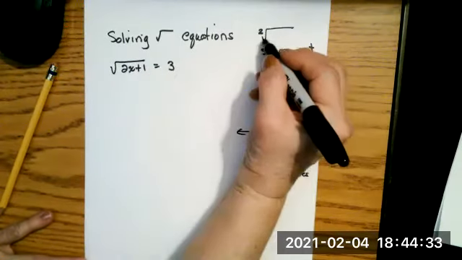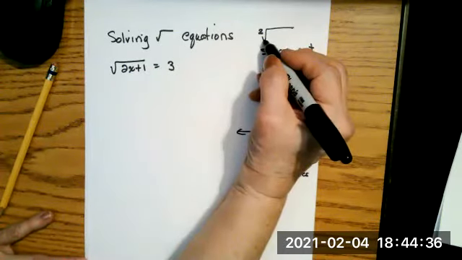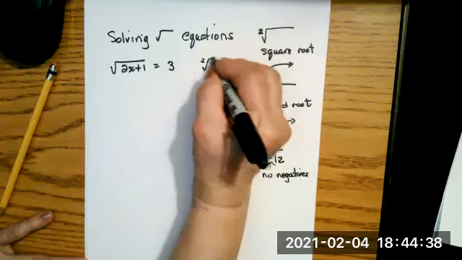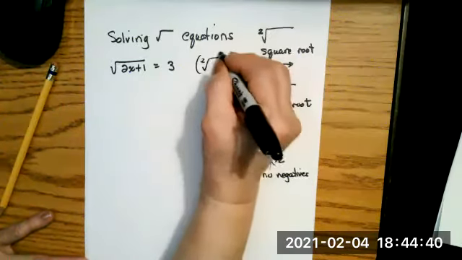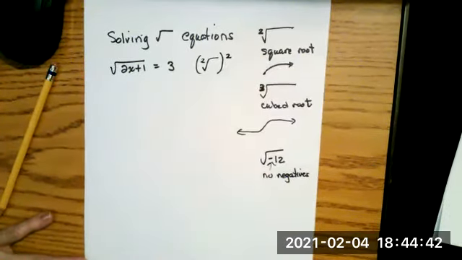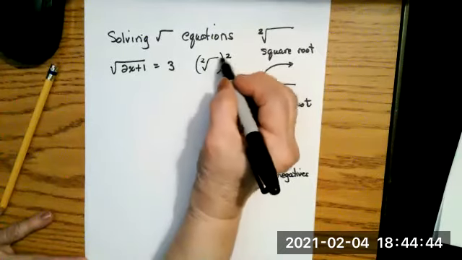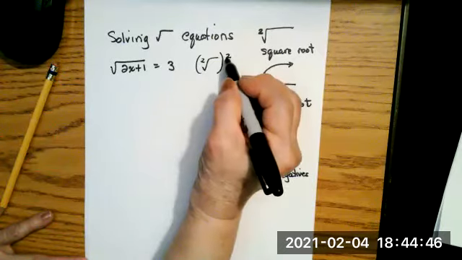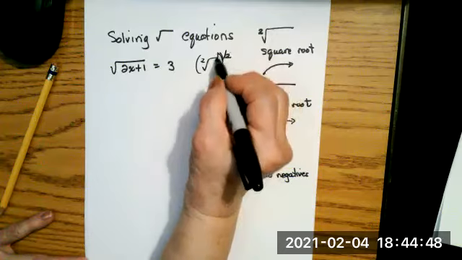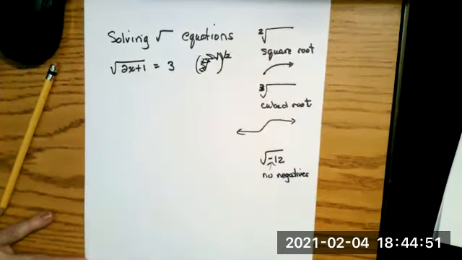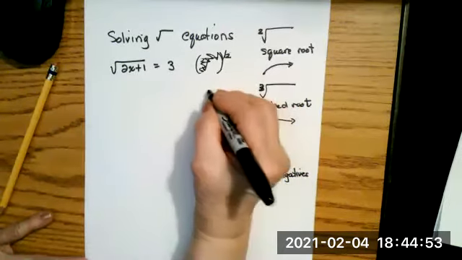So to undo a square, to undo something that's squared, what you have to do is square it. So when the index number and the outside exponent match, it cancels out the square root symbol. The same thing with cube root.